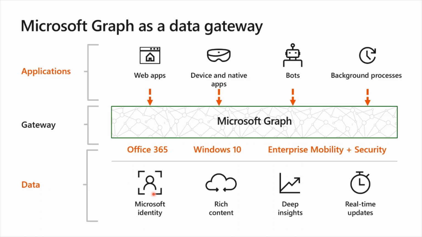So Microsoft Graph supports organizational accounts, corporate and educational, along with personal accounts, and you'll learn how they use them. So you have Office, Windows, Enterprise plus Security. Then you can connect with applications such as web apps, devices, and background processes. So it's really good.